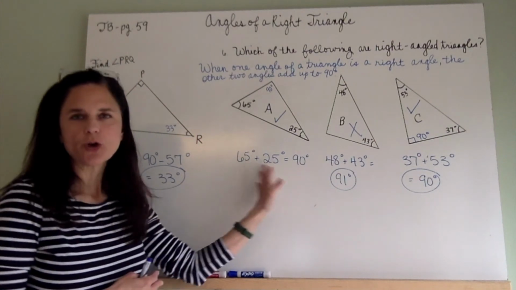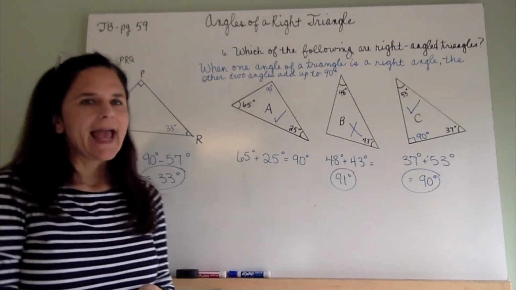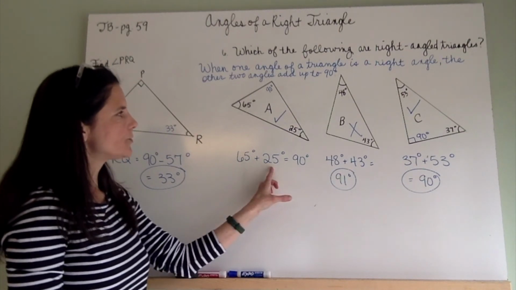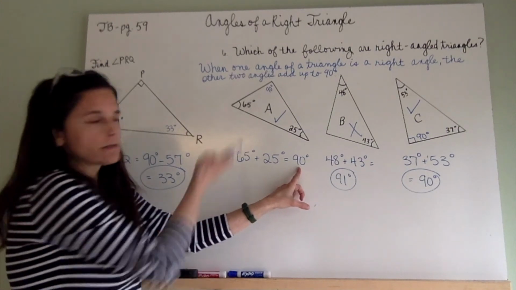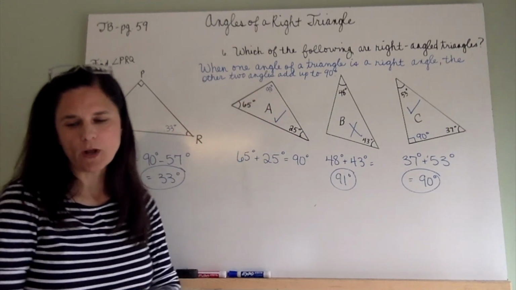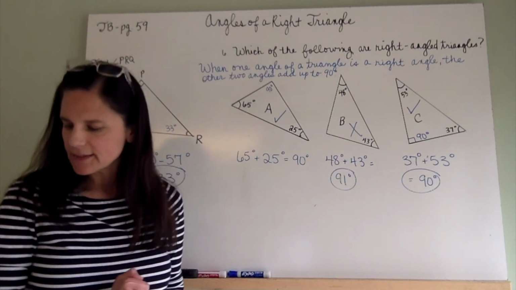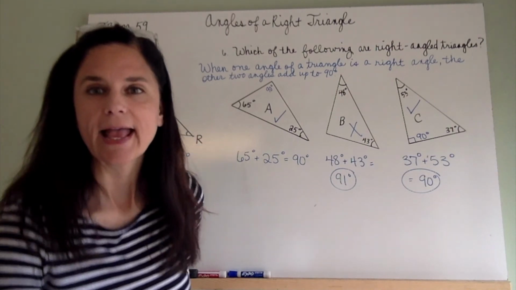You want to make sure you show your work, straight across, and then I can follow your steps. And if these two angles that you're given in a triangle add up to 90 degrees, then yes, that is a right-angled triangle, because that means the other angle must be 90 degrees as well. So that's it. Please complete page 68 in your workbook tomorrow, and we'll meet again.